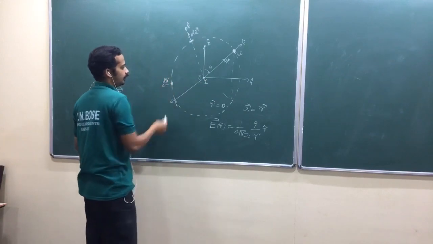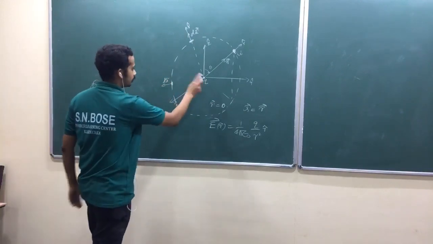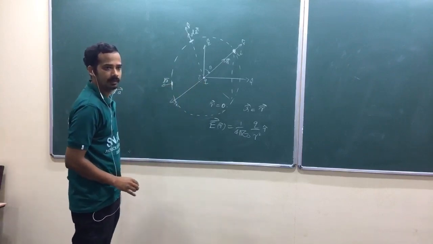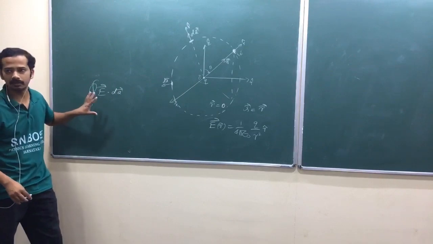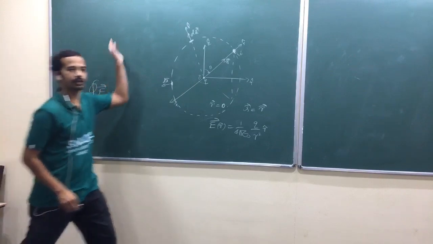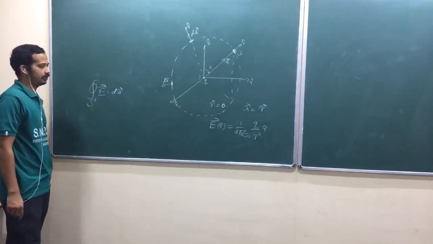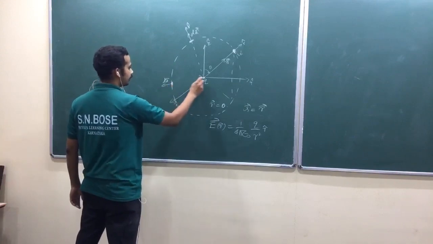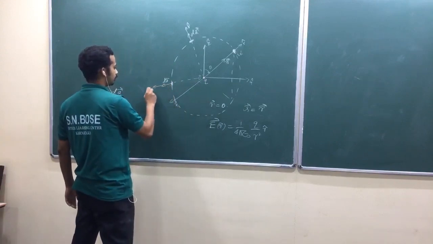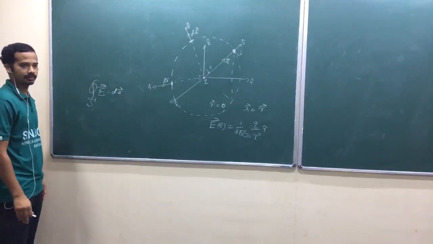So you have to imagine one closed spherical surface with Q at its center. If you want to do the surface integral of the electric field, that means I am trying to find the total electric flux through that closed surface. At each point on that closed surface, your dA vector and your radial vector are both in the same direction. Is that okay?